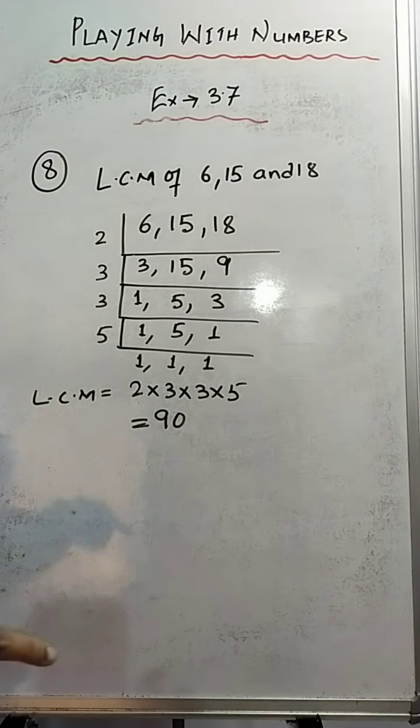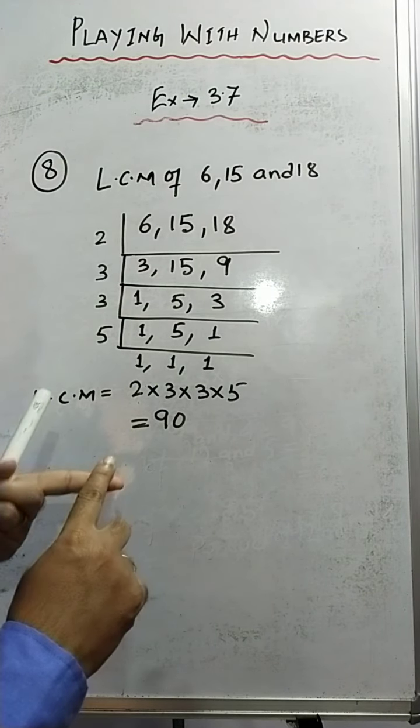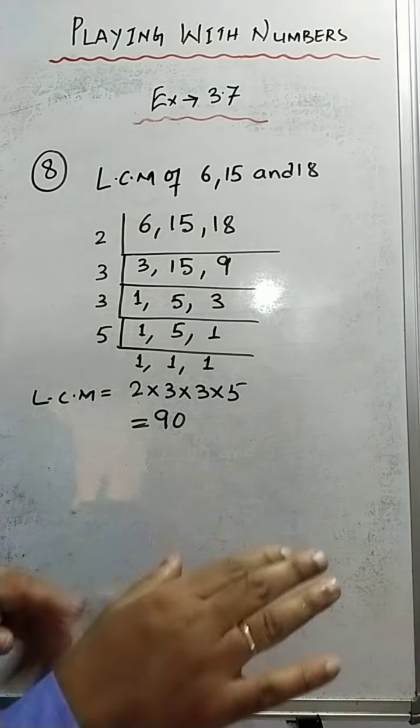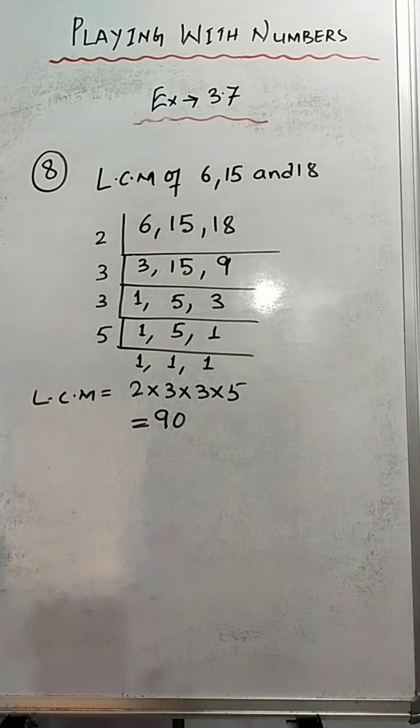But what do we have to find out? We have to find out such a number which when divided by 6, 15 and 18 will give us a remainder 5. So what will the required number be, students?